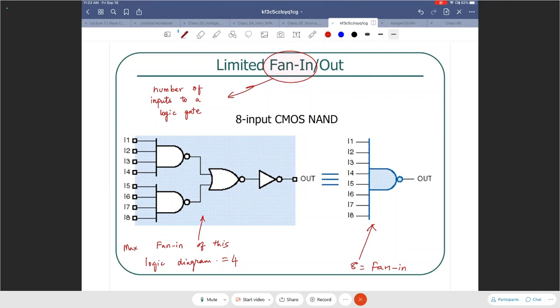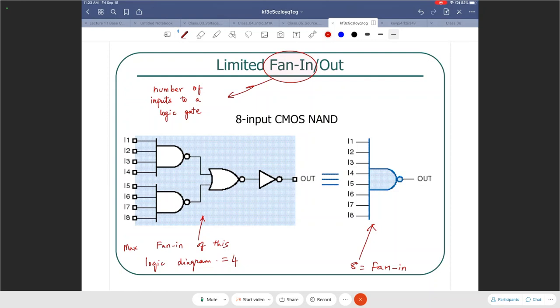But for the one on the right it is 8. The left guy and the right guy are actually the same. They are both 8 input NAND gates. One has a maximum fan in of 4 and the other has a maximum fan in of 8. And the left one is better because it has a smaller fan in, because the number of things that we are connecting to the input are actually less.